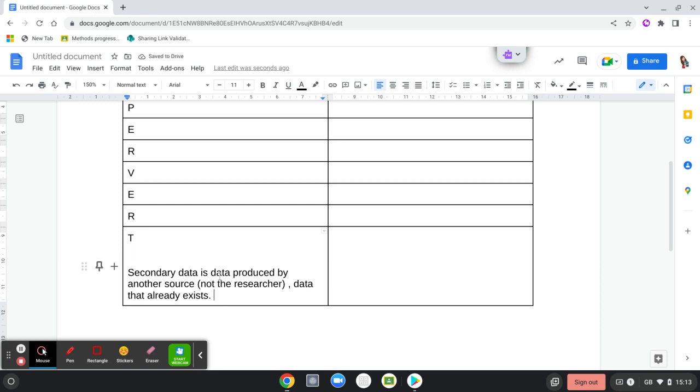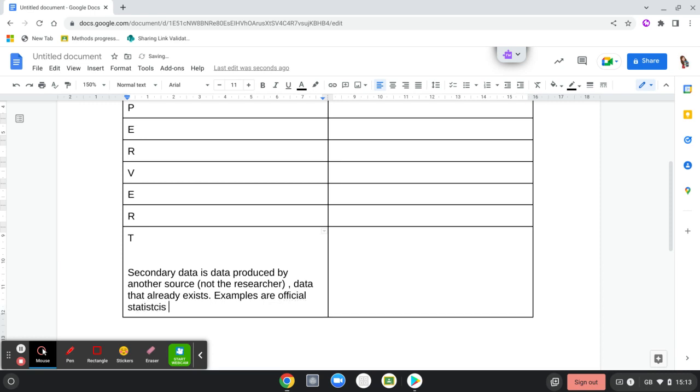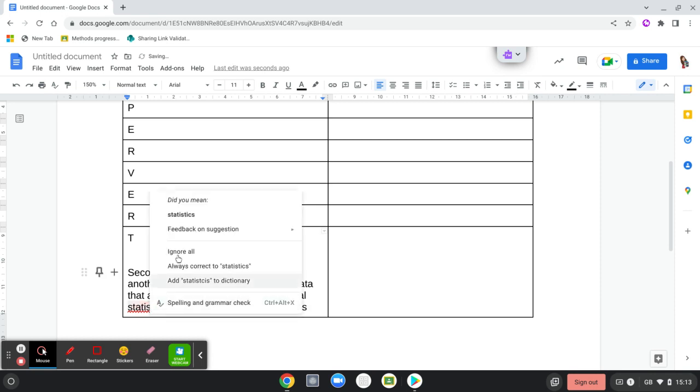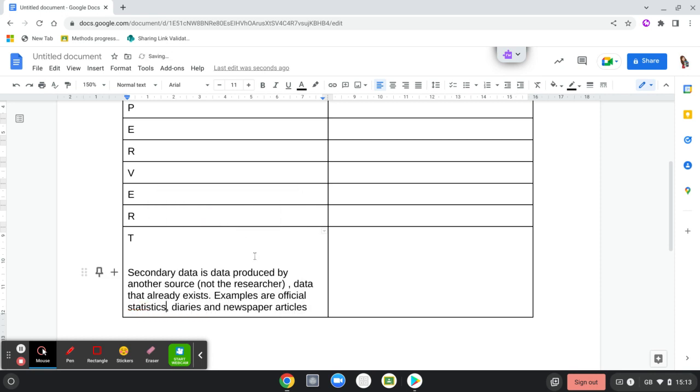It's data that already exists. Examples are official statistics, diaries, and newspapers or newspaper articles. So secondary data is data that already exists, produced by another source. Here are some examples. They love a definition. I know that from the mark schemes, so always try and put a definition.